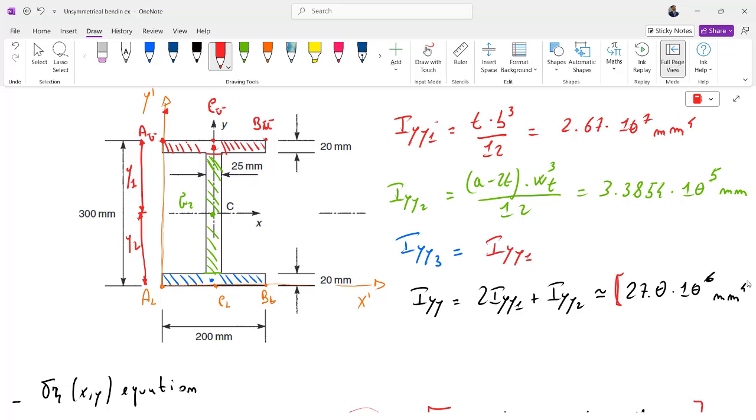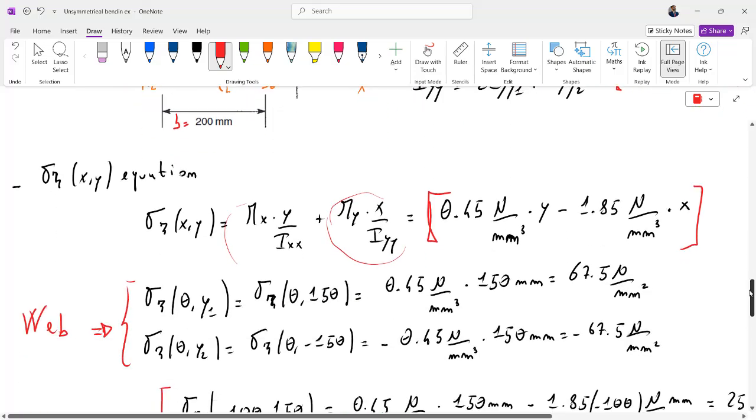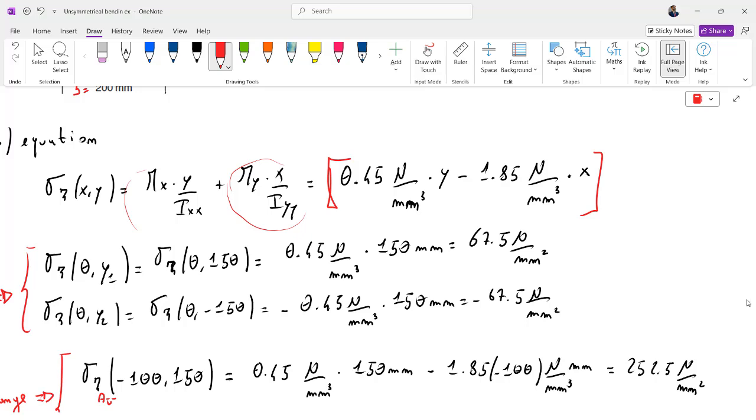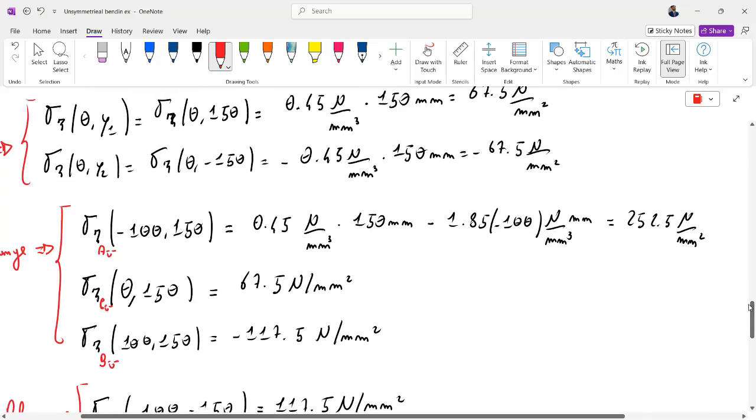With respect to x is this quantity here, that is clearly negative, and is the half part of b. So half part of b is 100, so it is on the left side of x, so negative x, so it is minus 100. If we apply the Boole formulation here and substitute the values of y and x, we obtain this value of sigma z.